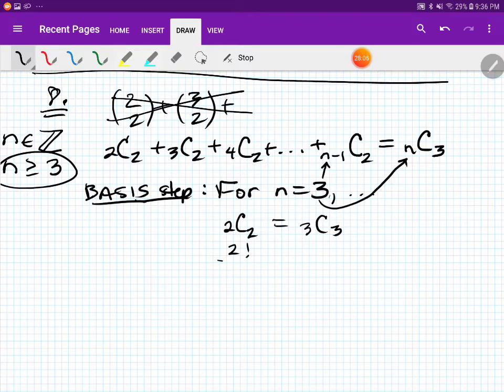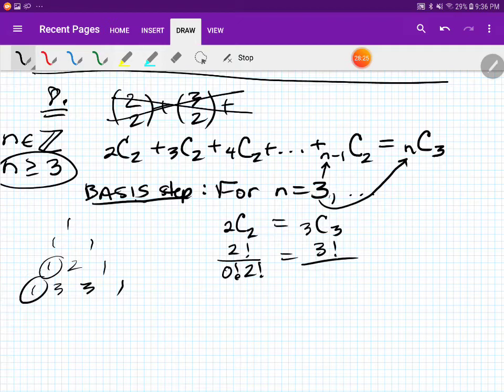They're both in the front of Pascal's triangle, right? So this is 2c2, and this is 3c3, but I don't really want to explain it that way. So I think I should just subtract and do the formula. So 3 factorial, 0 factorial, 3 factorial. Okay, so 1 equals 1. Maybe I would just put the statement is true.